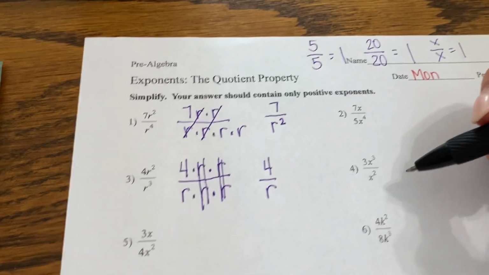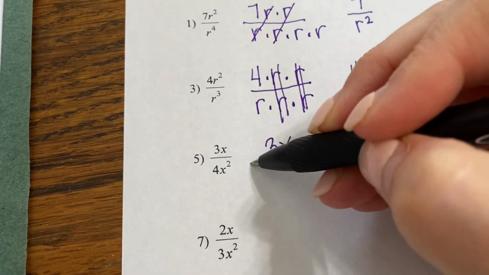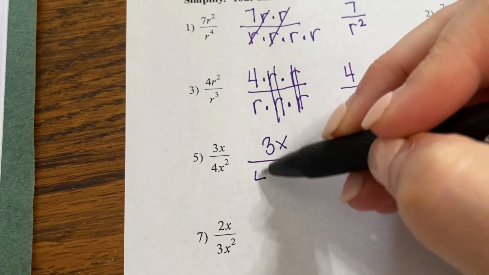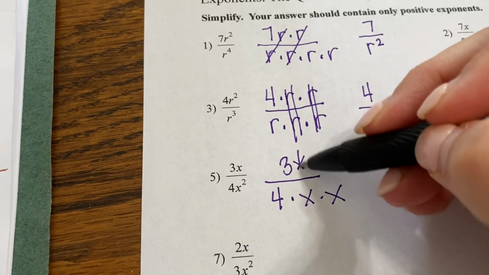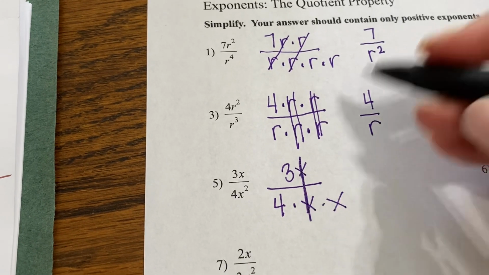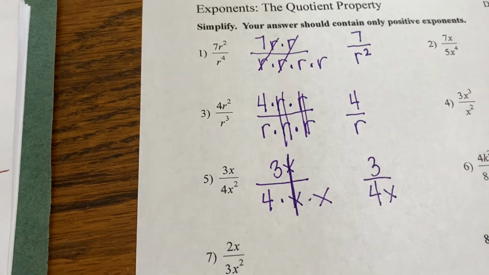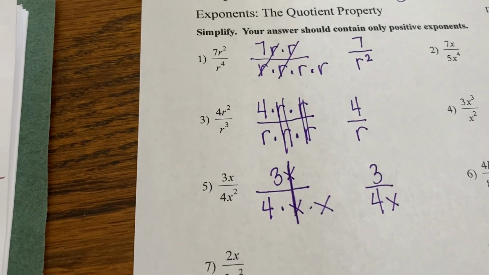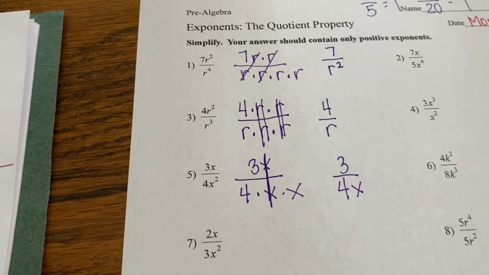If I come over to this one, I have 3x over 4 times x. I only have one of these x's cancel, and I have 3 over 4x. You see how this is working, guys? I want you to give it a try.